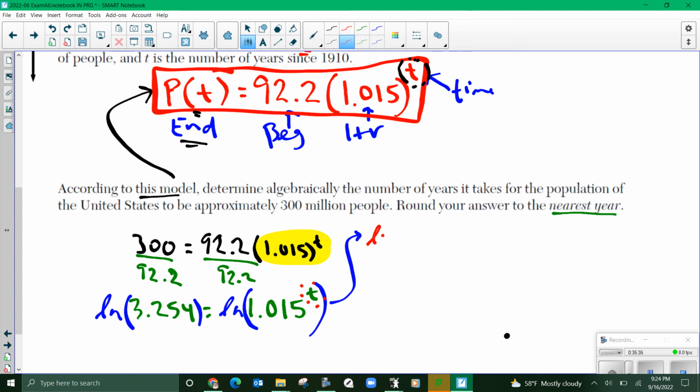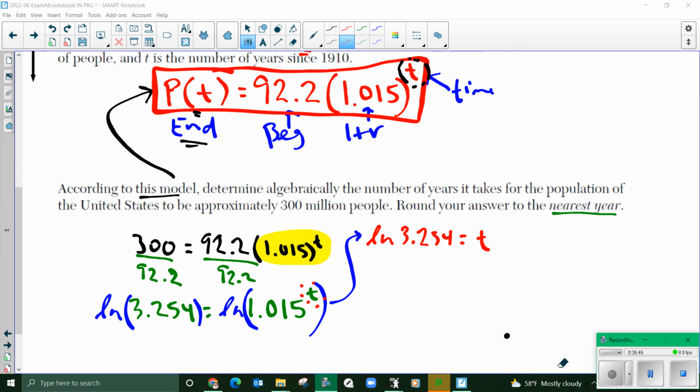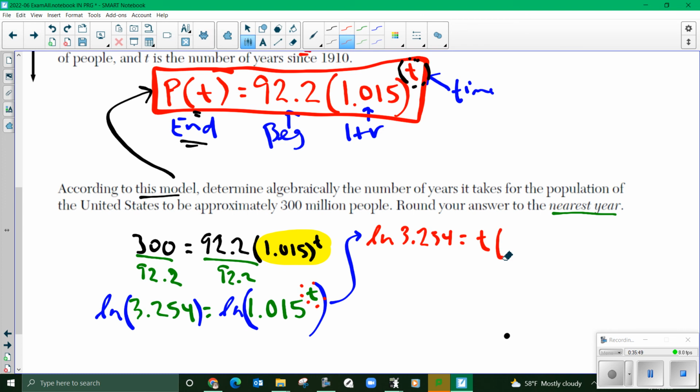So the left side is still the ln of 3.254 equals t times ln of 1.015. Okay, notice my exponent came right down.